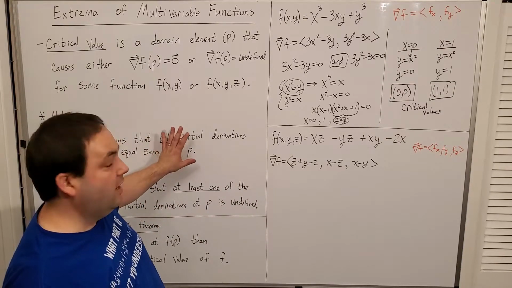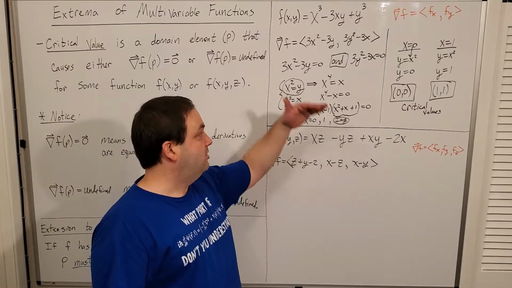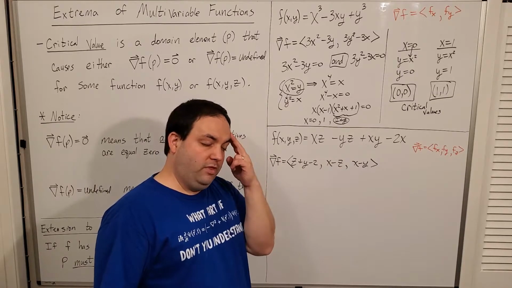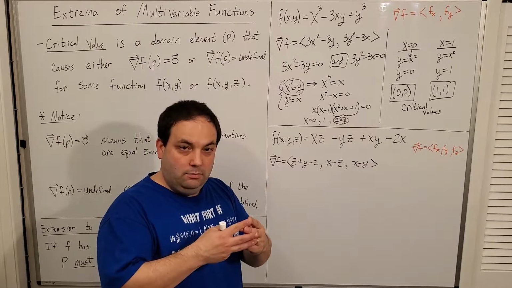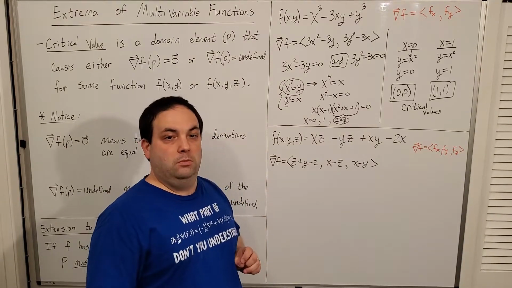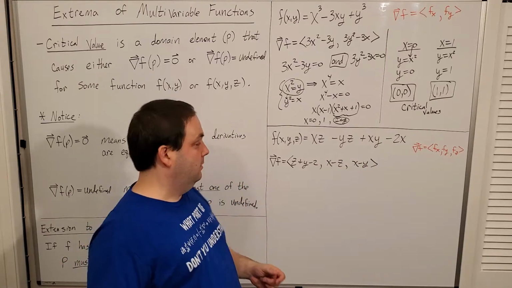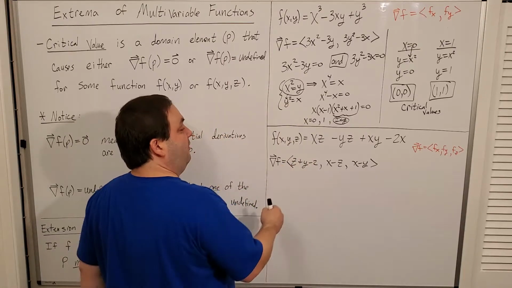But I can find the ones where the gradient is equal to the zero vector. Just like before, I'm going to set each piece equal to zero, but with the thought in mind that these three equations must work together, not individually. They're not finding separate critical points or critical values; they're finding all the same ones together.